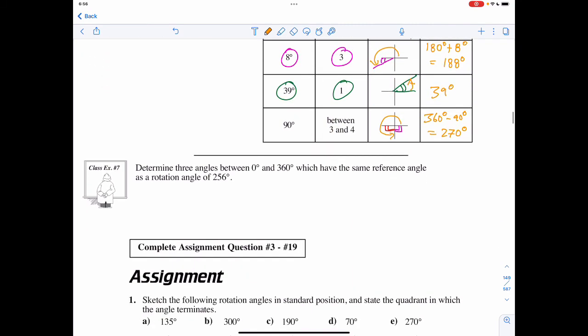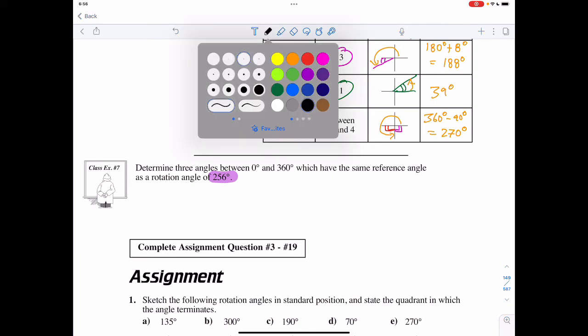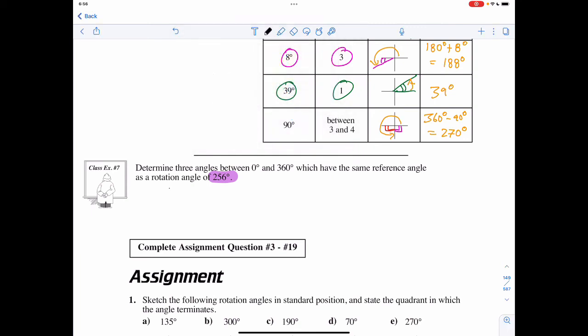The other way that this can be phrased is I could give you a rotation angle, like 256, and I want to know what other rotation angles between, in this case, 0 and 360, but I could put any parameters I want there, that has the same reference angle. So the first thing I'm going to do is I'm going to draw a sketch of what this looks like.